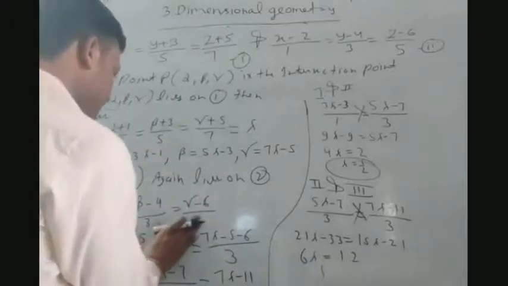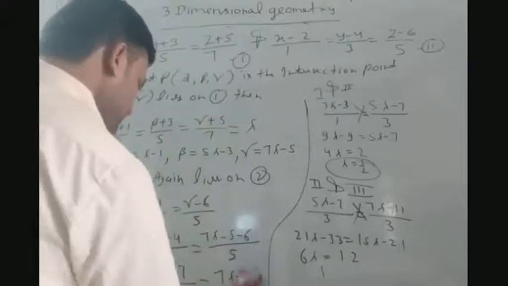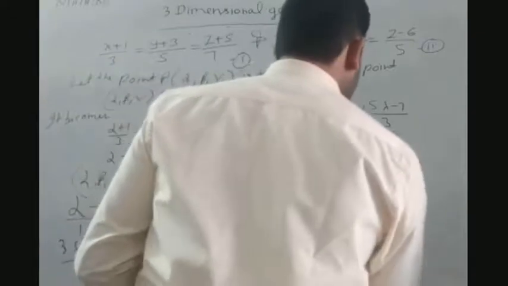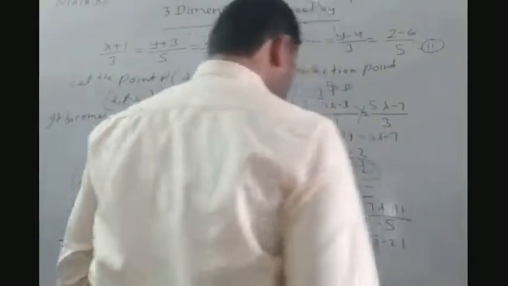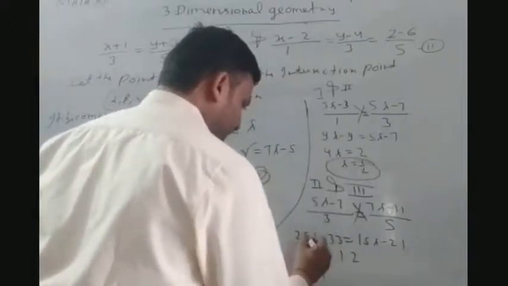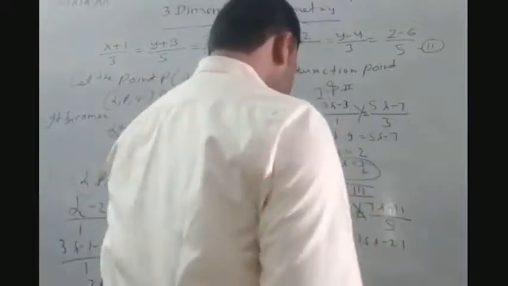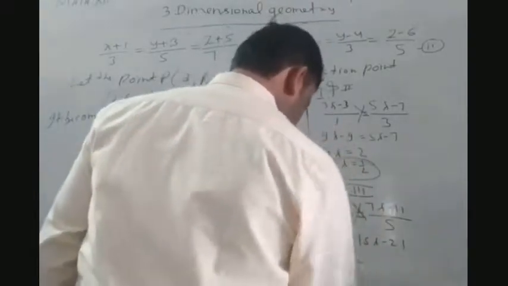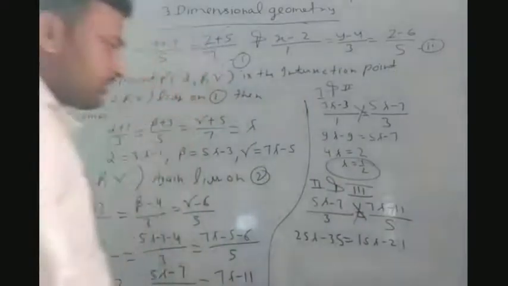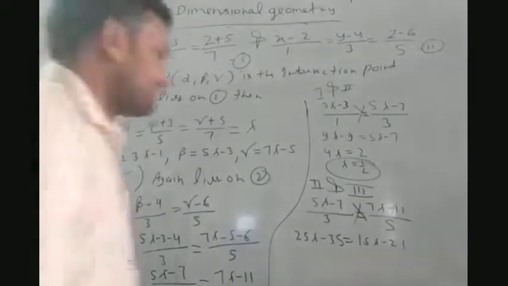In the second part we write 5 here, and this will be 5. So when we multiply this, we get 25 and 35, and 3 times 7 is 21.